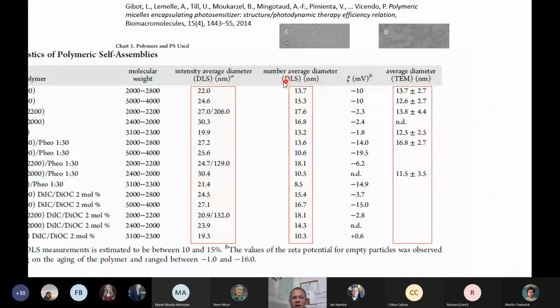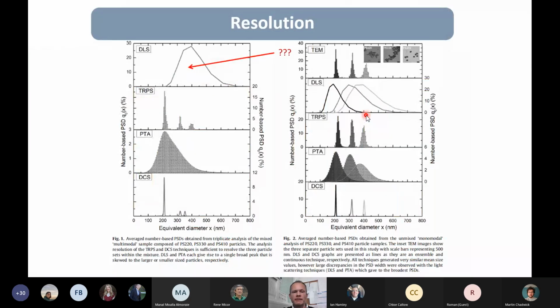But if you convert the intensity average diameter to number average, you see quite nice agreement between these two values, and that's what you have to do if you are concerned about this discrepancy between microscopy and dynamic light scattering experiments. Just remember that dynamic light scattering is based on the scattering intensity, so the bigger particles scatter much more than smaller particles.